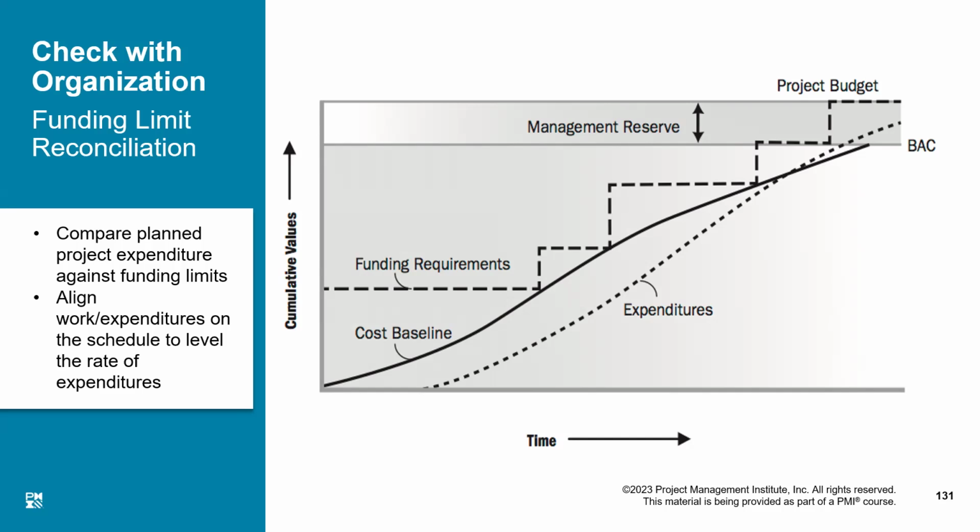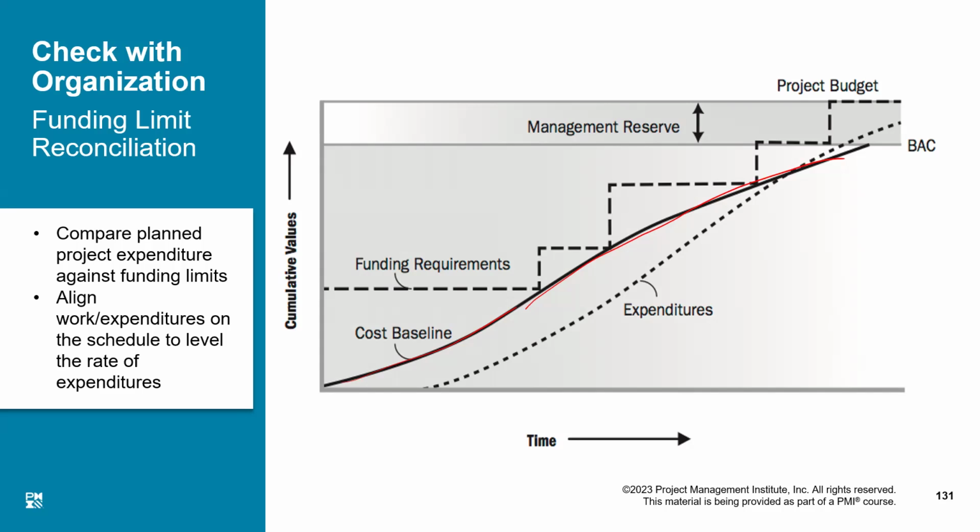This S-curved line, which is this one, is called the cost baseline. This is plotted on one side against time and on the other side against the cumulative amount of money.